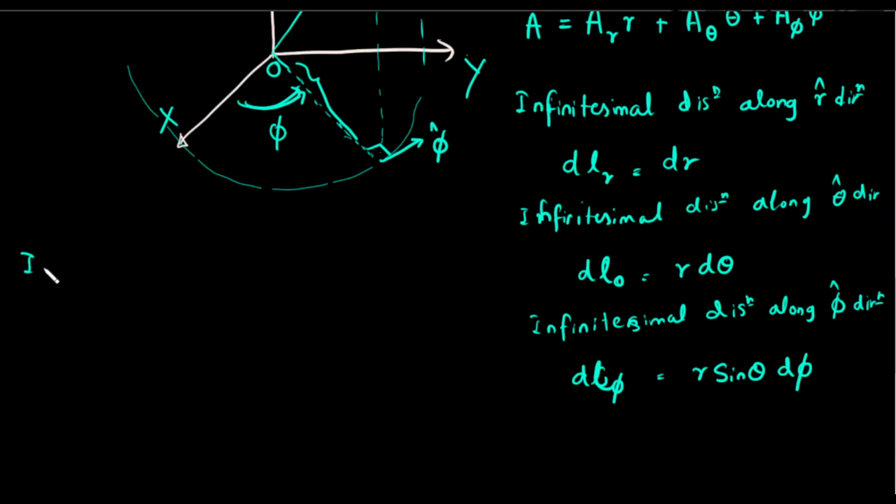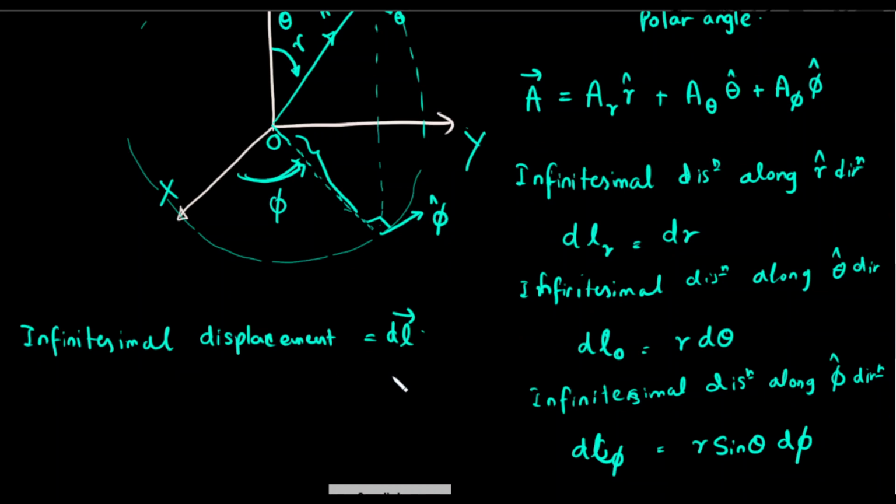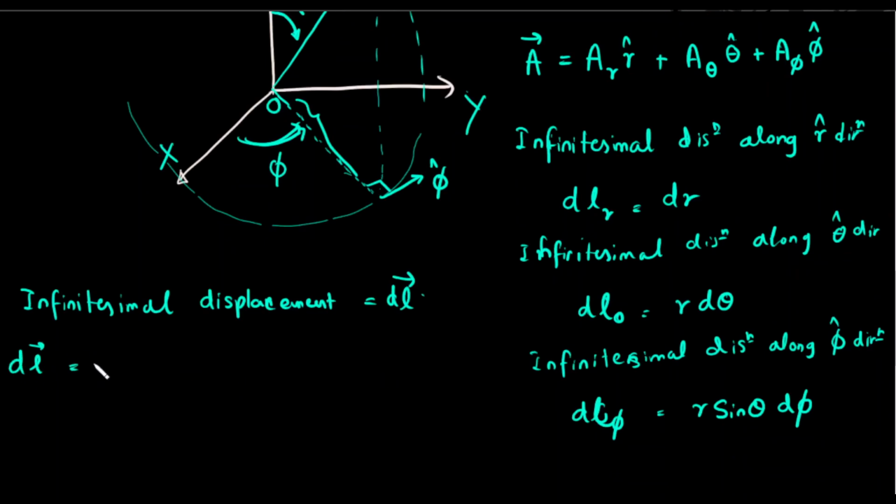Finally, we can write the total infinitesimal displacement of this vector. It can be written as dl. So dl is going to be written as dl_r r hat plus dl_theta theta hat plus dl_psi psi hat.